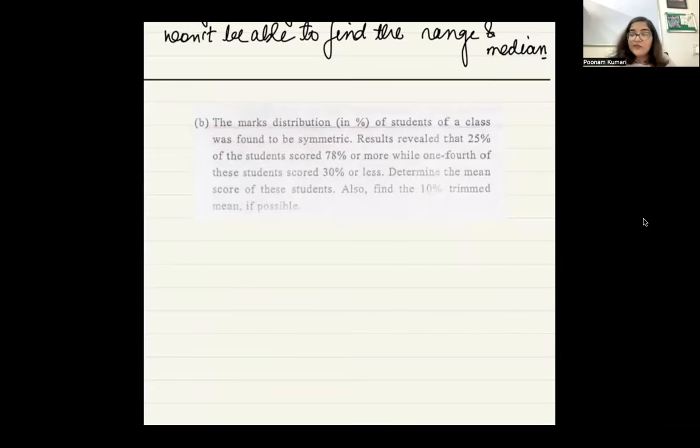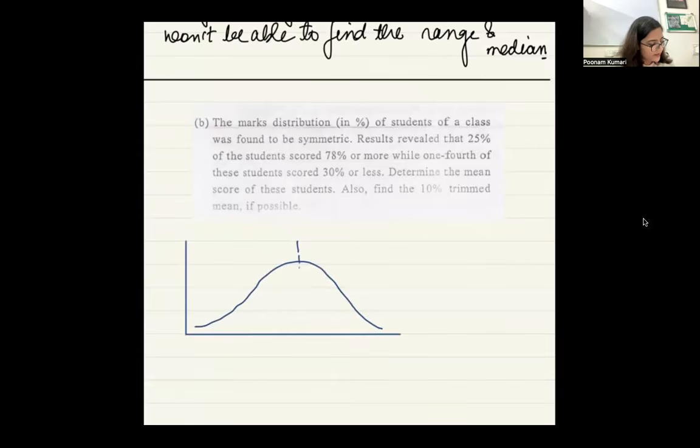So let's say if you plot the graph of how many marks people got and you plot the histogram, it is turning out to be symmetric. That means you have something like this. Okay, it's symmetric. So there is some central point about which the numbers are symmetric.